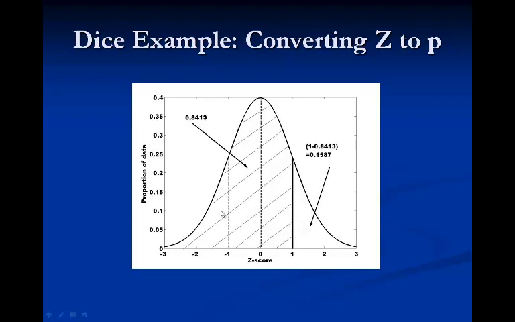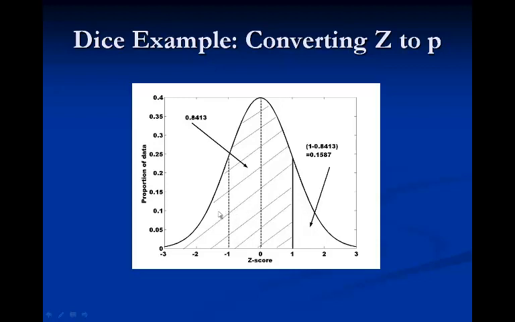So we know from the properties of a standard normal distribution that actually 84.13% of the distribution lies below one standard deviation. Sorry, I said above, that should have been below one standard deviation. So that means that roughly 16% lies above.